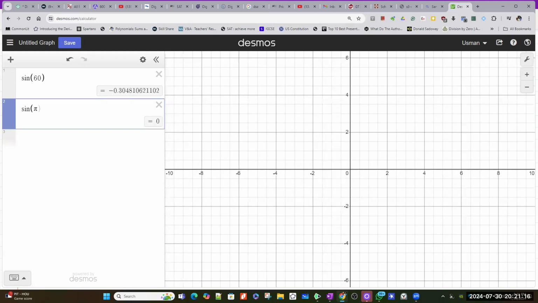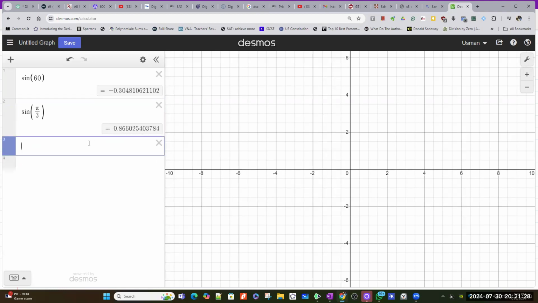So I did pi over 6. Pi over 3. So it gives me 0.866. It does not give me the third form, the square root form. It's square root 3 whole upon 2. This is sine pi by 3.